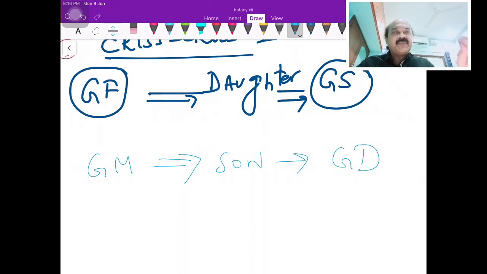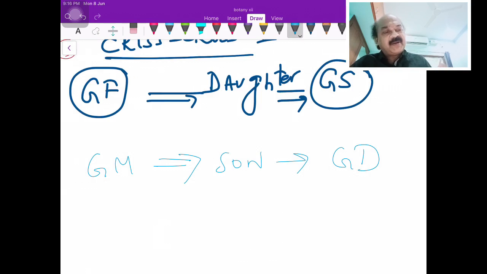So in the case of Drosophila, as far as eye color is concerned, that gene is present on the X chromosome and it follows crisscross inheritance. The gene is never acquired from father to son or from mother to daughter.